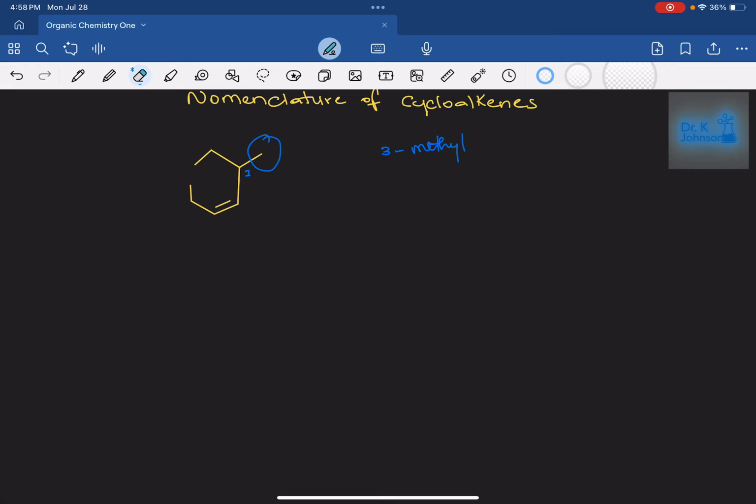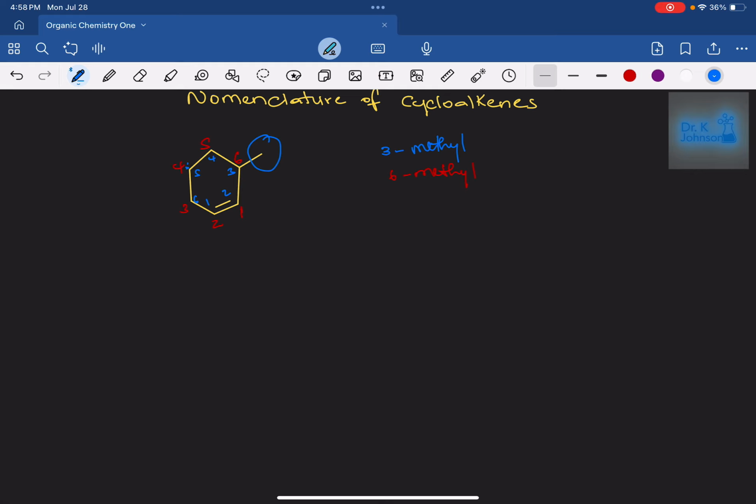This is what I mean by opposite direction: 1, 2, 3, 4, 5, 6. Your methyl group is now on 6, as opposed to when it was blue, where we did 1, 2, 3, 4, 5, 6.